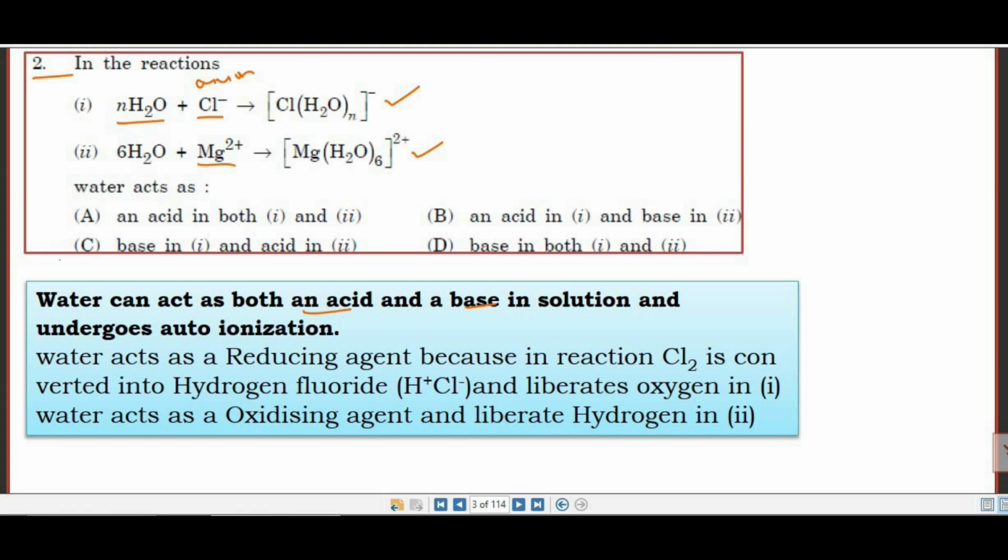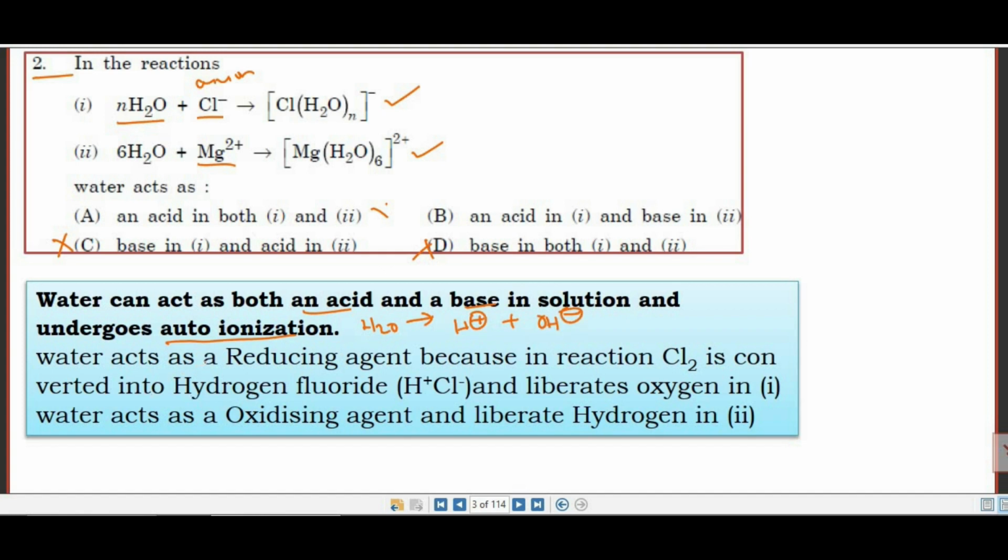Hence, options C and D are ruled out. Water can undergo autoionization: H2O gives H plus and OH minus.